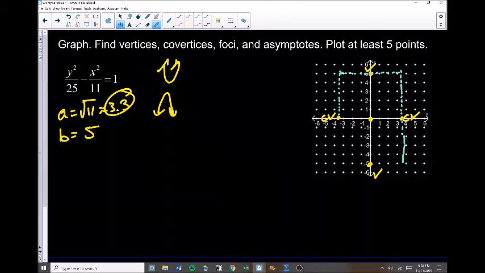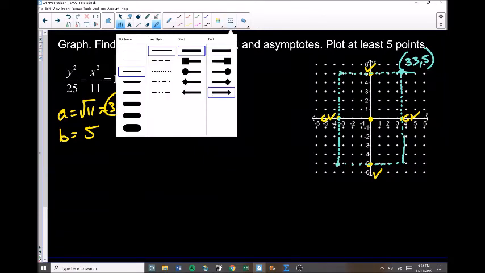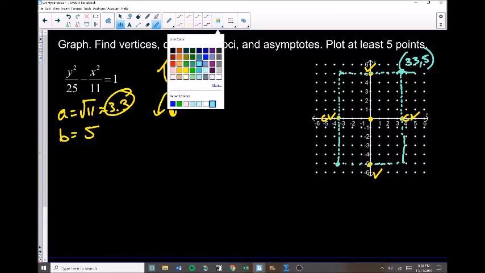I could do this with my box drawing tool if I wanted to, but I want you to get a feel of how this looks. The co-vertices and vertices are contained in this box. So really this point right here is the point 3.3, comma 5. That's what matters. The corners of the box are important because through the corners of the box, I'm going to graph asymptotes.